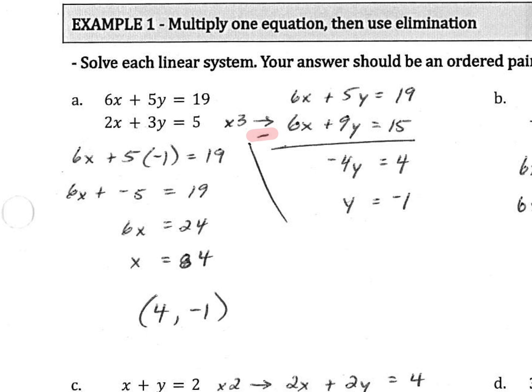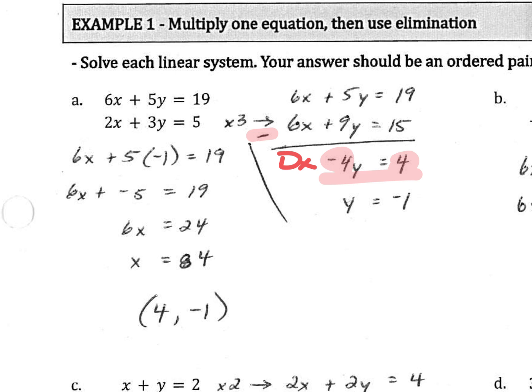When we do 6 minus 6, we get 0x. We get 5 minus 9 is negative 4. 19 minus 15 is 4. So we get this equation, negative 4y equals 4.